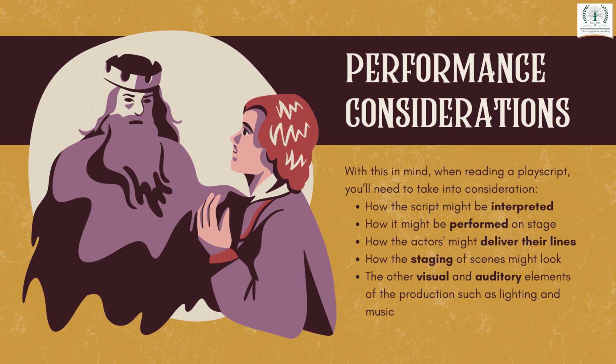Performance considerations. With this in mind, when reading a play script, you will need to take into consideration how the script might be interpreted, how it might be performed on a stage, how the actors might deliver their lines, and how the staging of scenes might look.